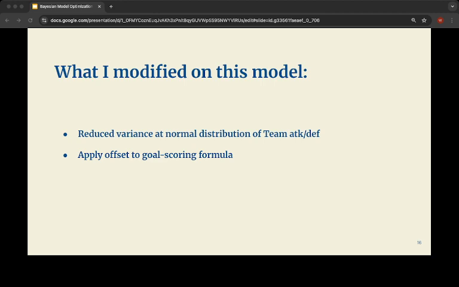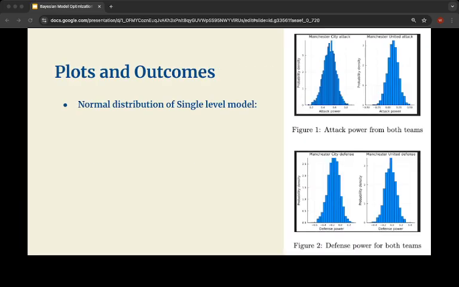So here's what I found from the multi-level model. This is the normal distribution for the single-level model, the Poisson regression model.